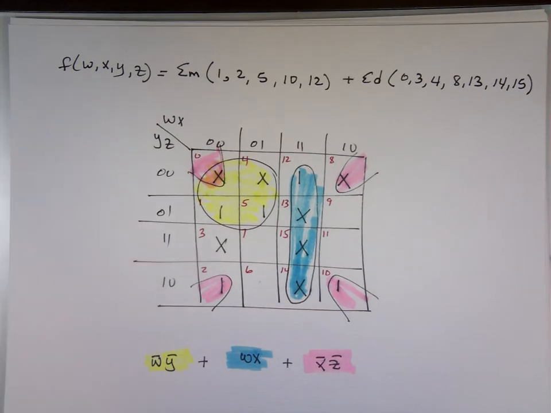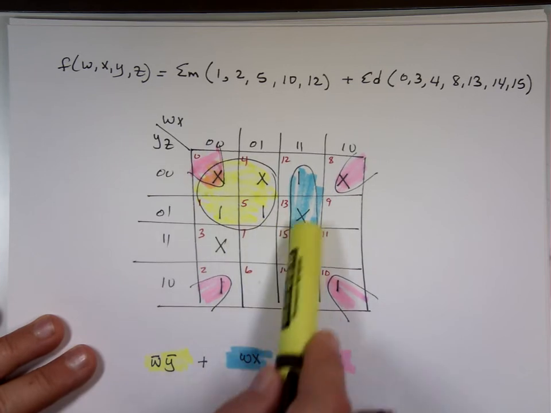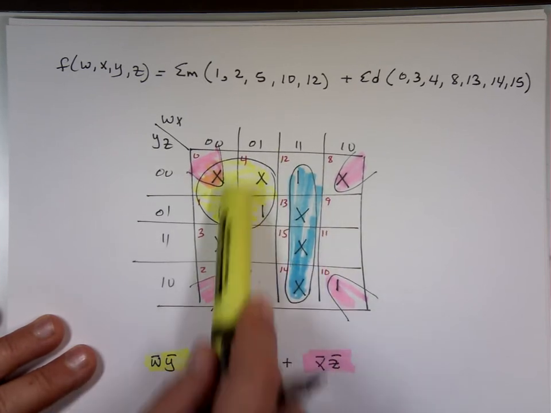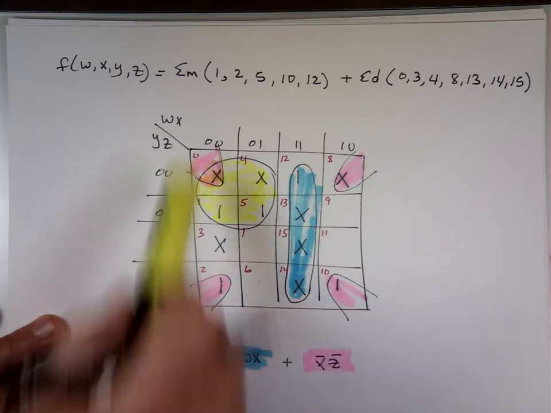Now again, you could decide to do that differently. You could have taken this group, which is fine. Take this group, which is fine. And take the 4 corners. That'll be another option.